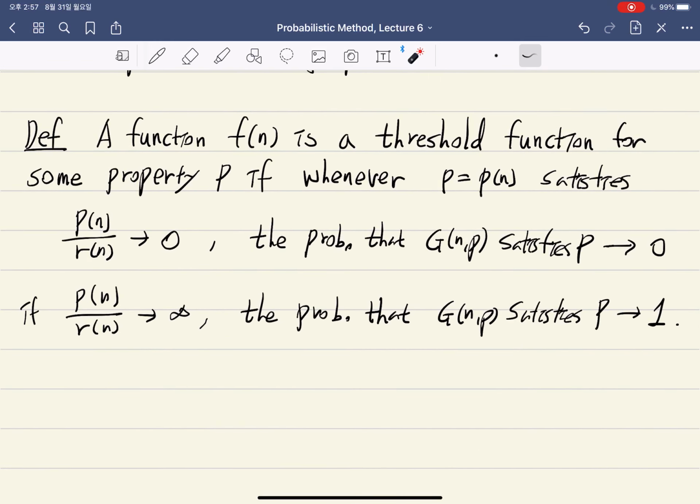And we say that a certain function is a threshold function for some property P if, whenever the probability p is much smaller than this threshold function, then G does not satisfy P, the probability that it satisfies P goes to 0. And if p is much bigger than the threshold, then G(n,p) with high probability satisfies P.